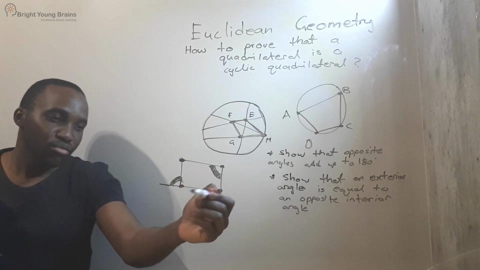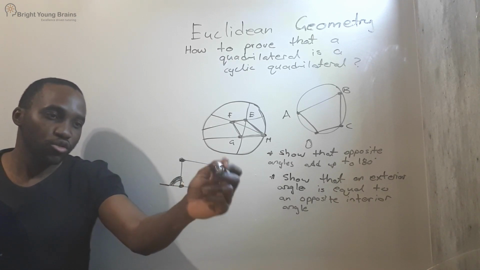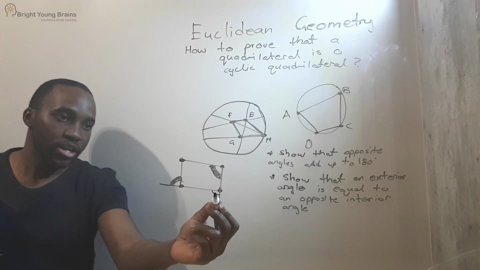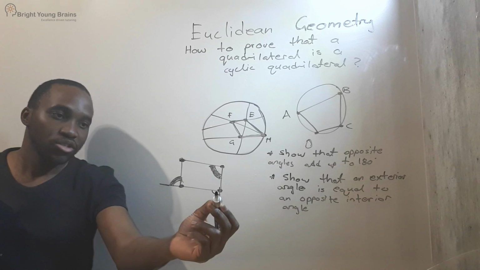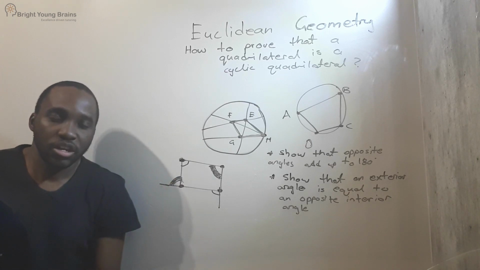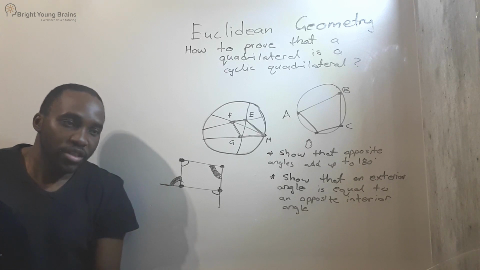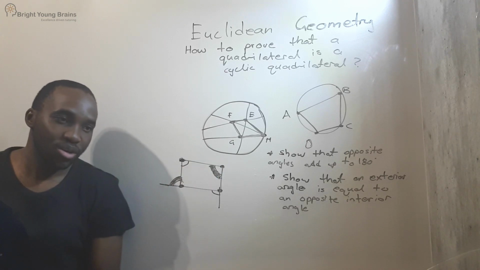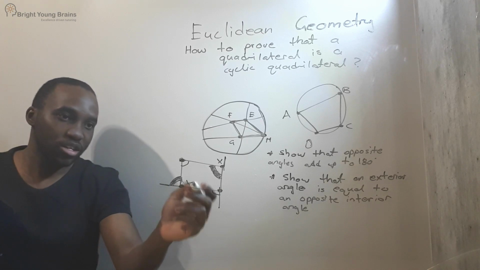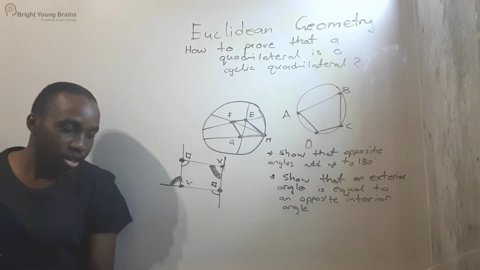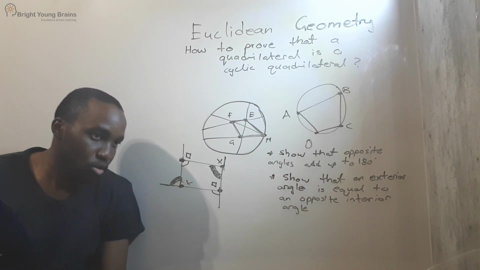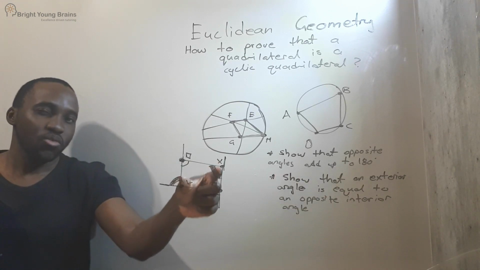So regardless of which portion of your four-sided shape has an exterior angle, say you had an exterior angle here, as long as you can prove that this exterior angle is equal to that opposite interior angle, you would have also proven that this is a cyclic quad. Obviously, you just need one pair.